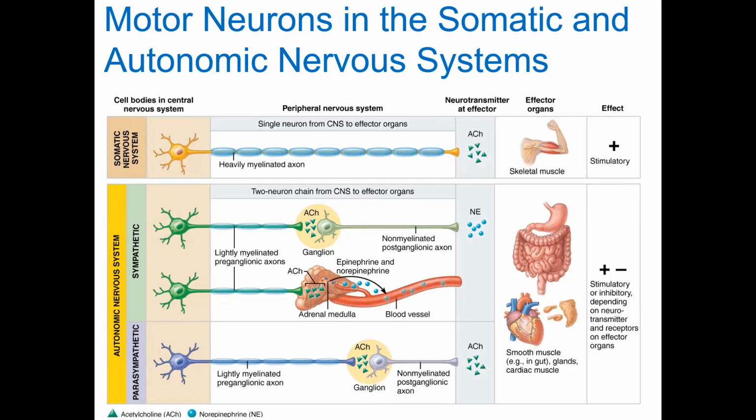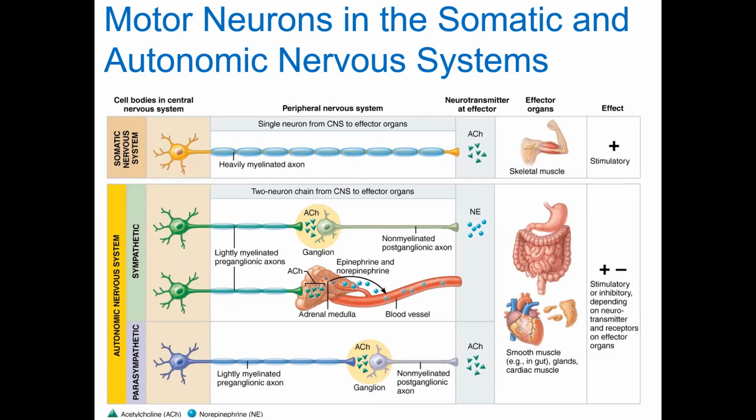So here, on the sympathetic side, we have a preganglionic axon that will always release acetylcholine at the cell body. The sympathetic neurons, we have a preganglionic neuron and a postganglionic neuron. The preganglionic neuron is myelinated. The postganglionic neuron is not.